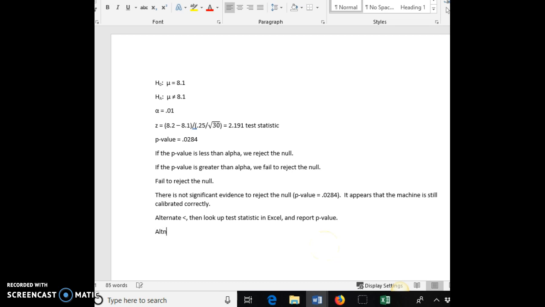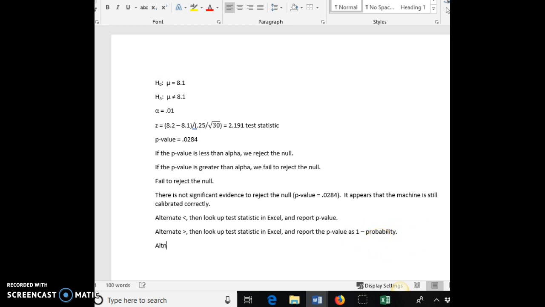If the alternate is greater than, you're going to look up the test statistic in Excel and report the p-value as 1 minus whatever the probability you obtain is. In this instance, because this was on the right, if this had been a greater than, we would have subtracted it from 1, and that would have been our p-value.